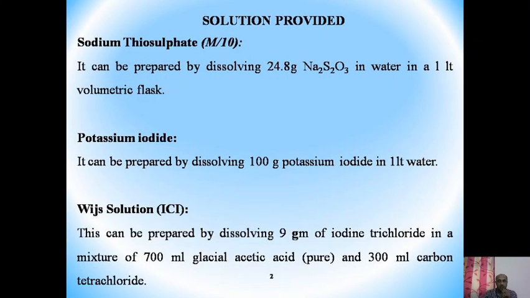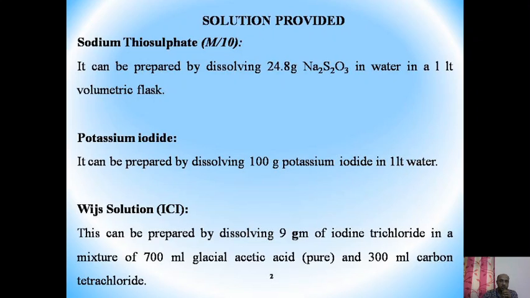For this titration, we have to prepare some solutions before starting. The sodium thiosulfate solution can be prepared by dissolving 24.8 gram of sodium thiosulfate in water in a 1 liter volumetric flask. The potassium iodide solution can be prepared by dissolving 100 gram of potassium iodide in 1 liter water.